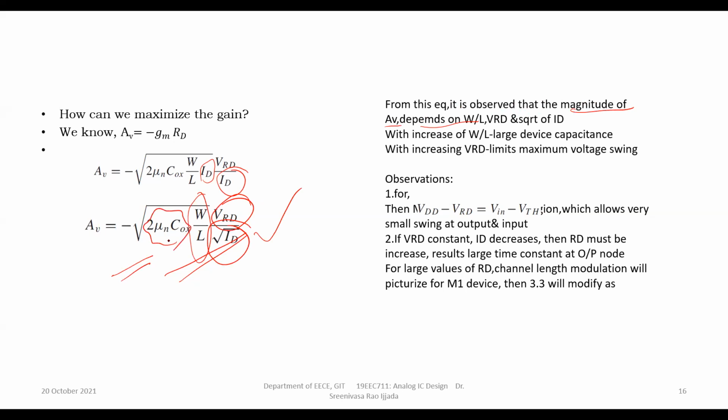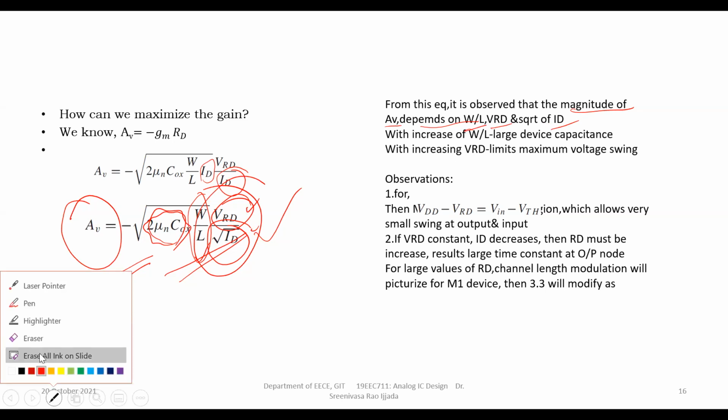Then I took three parameters, so your voltage gain now depends on W by L, the VRD value, and the square root of the ID value, not ID directly.